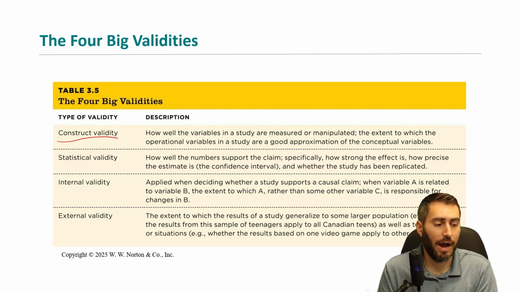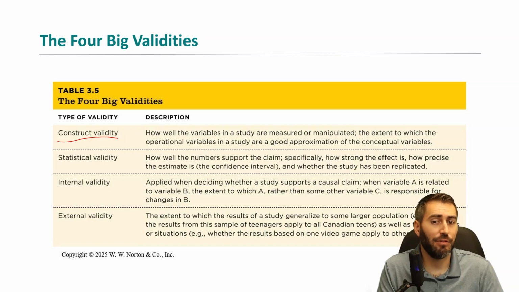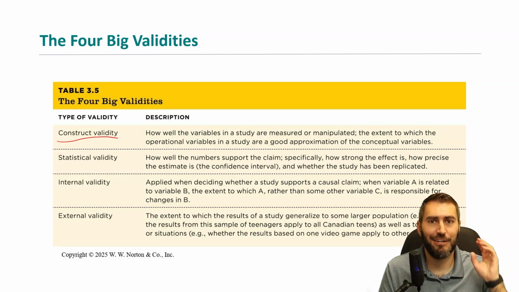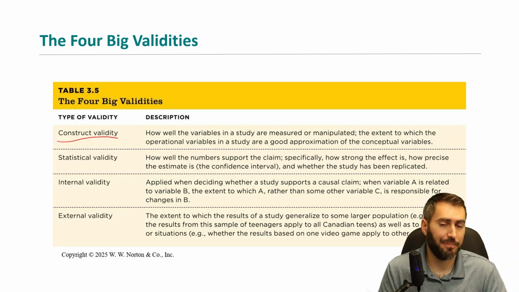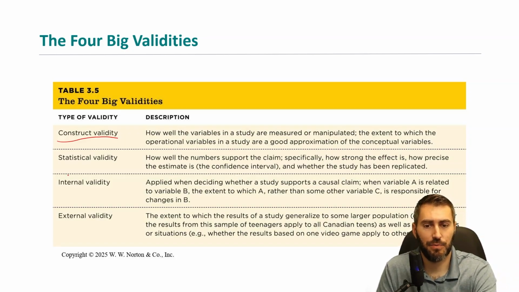We could do a really good job of measuring our construct and defining it very well, coming up with questions that address that construct in a very good way. Or we might not do a good job of that. We might have low construct validity when we're making these assessments. So this is a really important one. It's really saying, here's the idea, here's the thing you want to measure. Did you do a good job of measuring it? So that's construct validity.